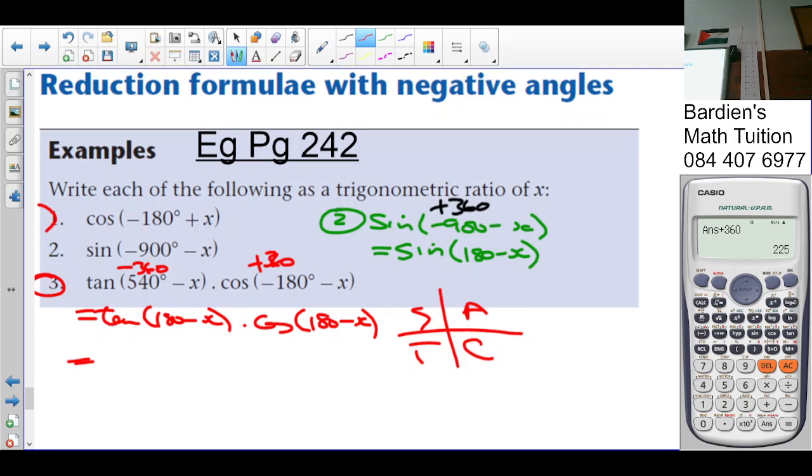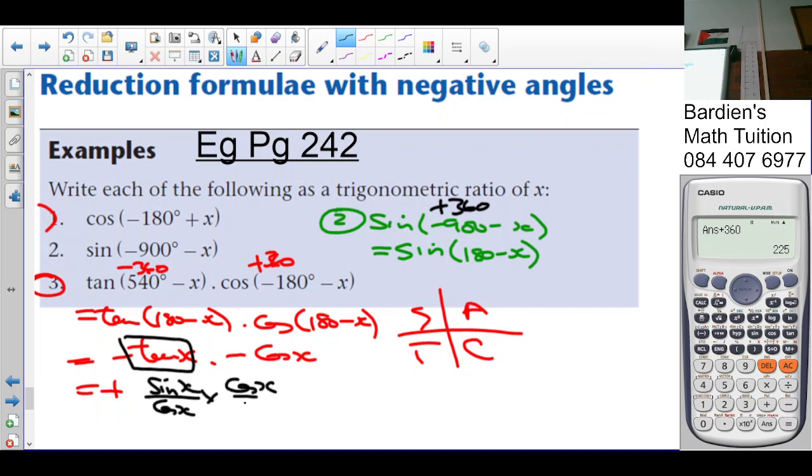Second quadrant. Is tan positive or negative? So negative tan x, times cos of 180 minus x, second quadrant, cos is negative. Negative times negative is a positive. However, tan can be written as sin x over cos x. Times cos x over 1. So that cancels, leaves you with sin x.